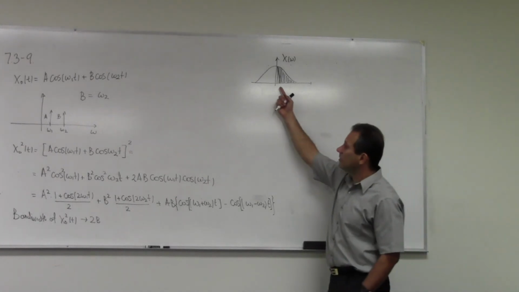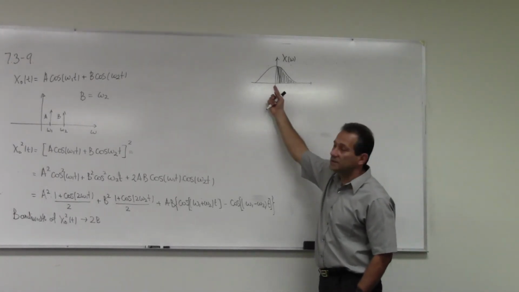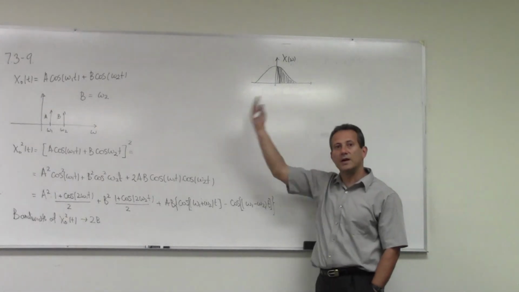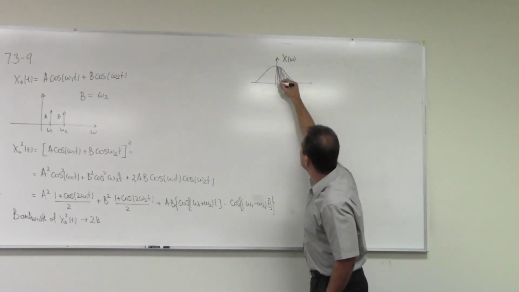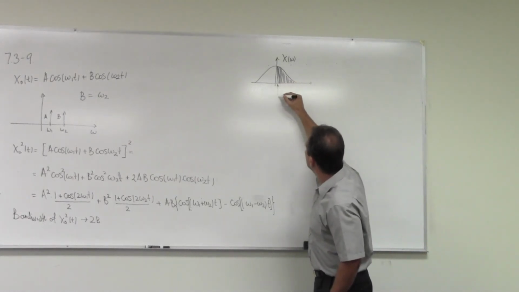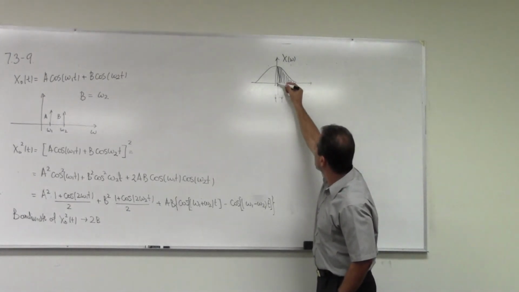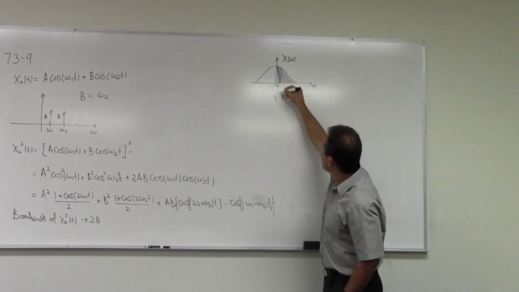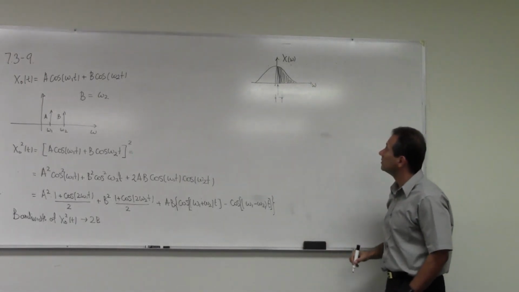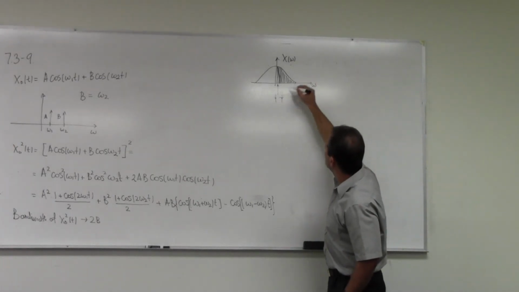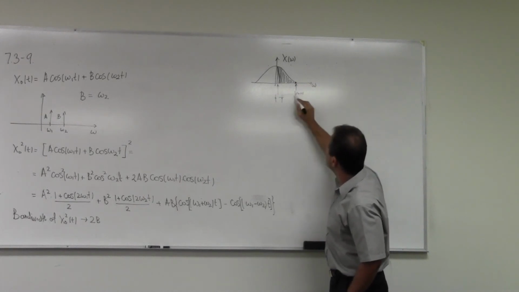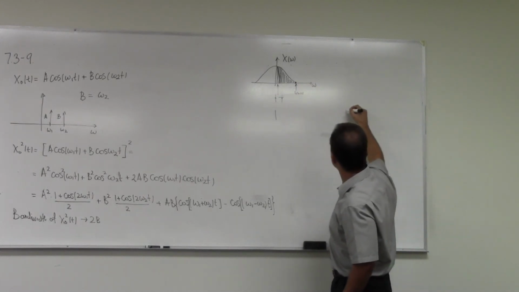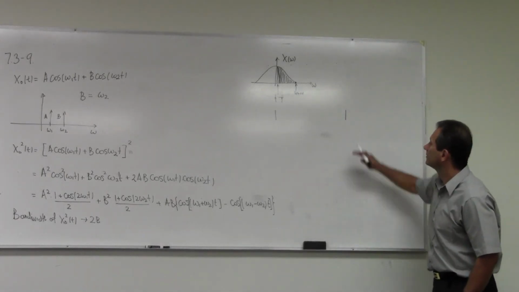For every spectral component here, I'm going to get a DC contribution, and I'm going to get twice the frequency, right? So if this is some omega 0, then I'm going to get 2 omega 0 and a DC component. The one that will give me the highest component is this one here. Let's call this omega max. When I square it, I'm going to get a DC component also, but I'm going to get a component at 2 omega max. Right?